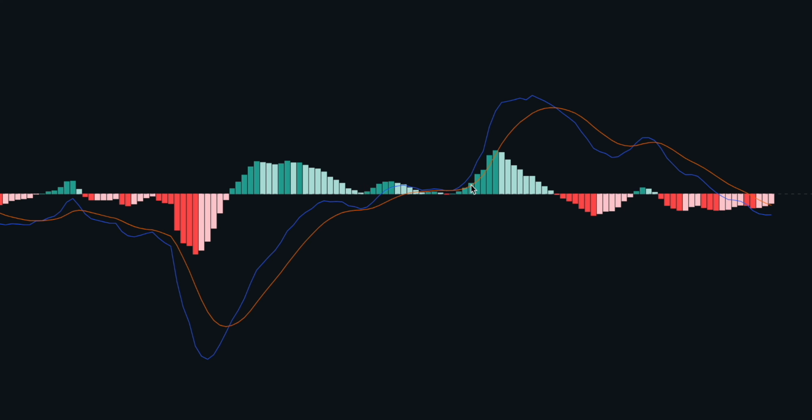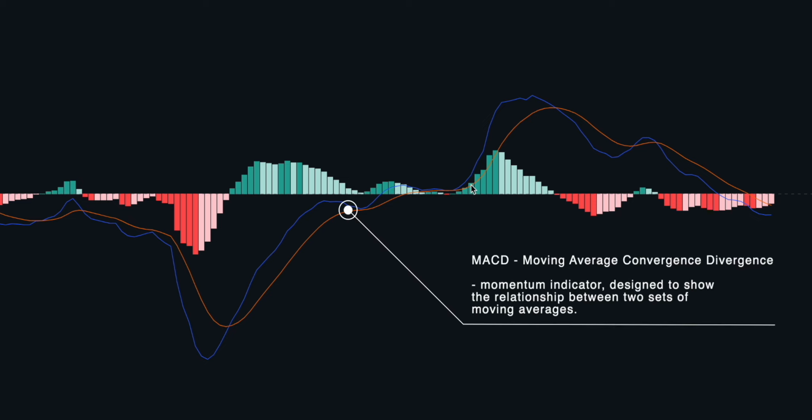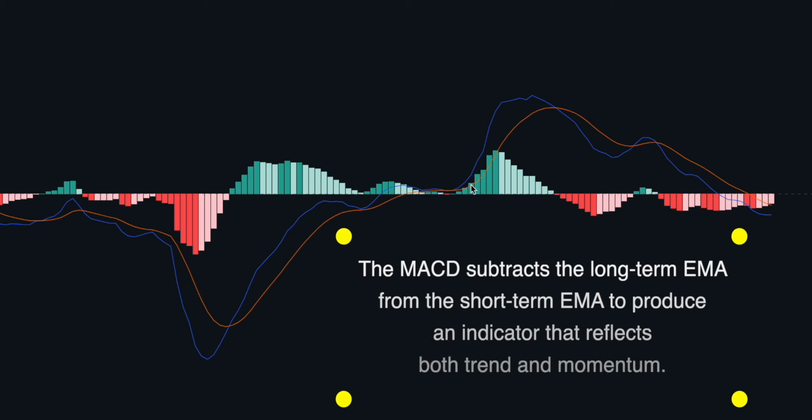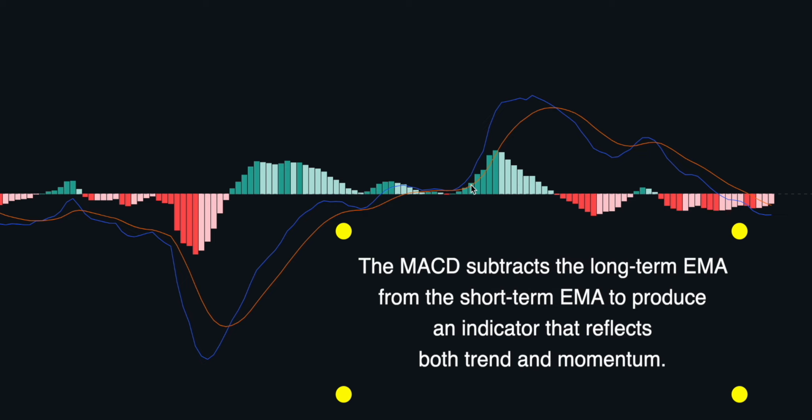Before we proceed to the trading rules, let's first understand what a MACD indicator is. The Moving Average Convergence Divergence (MACD) oscillator is a momentum indicator designed to show the relationship between two sets of moving averages. The MACD subtracts the long-term EMA from the short-term EMA to produce an indicator that reflects both trend and momentum.